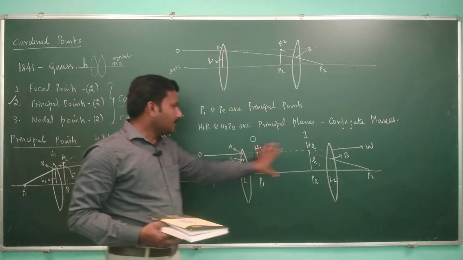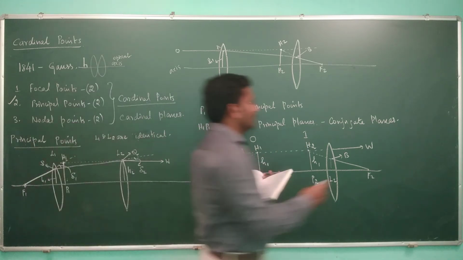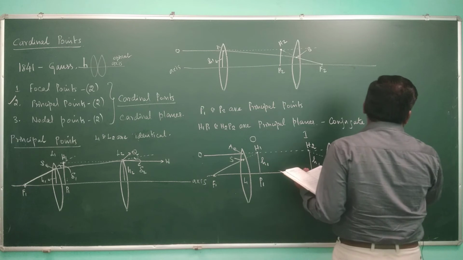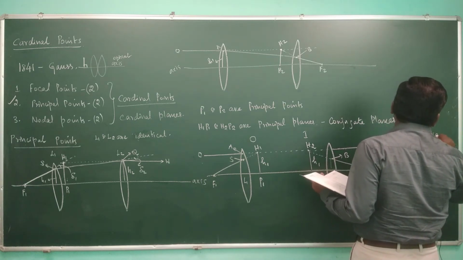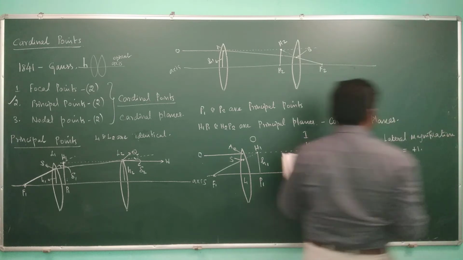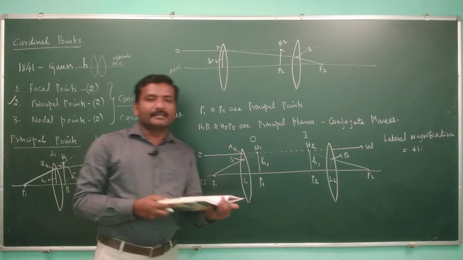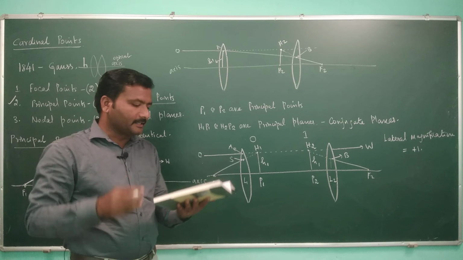And the lateral magnification of this lens system is +1. The lateral magnification of this lens system is equal to +1. So the size of the image is neither blown up nor shrunk.